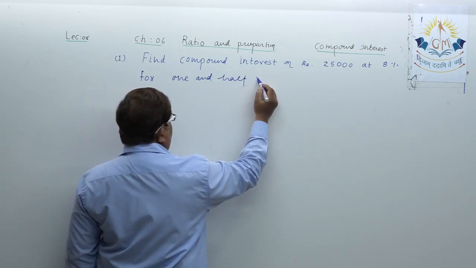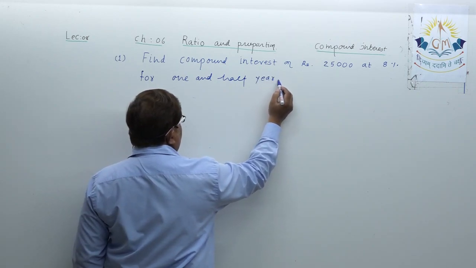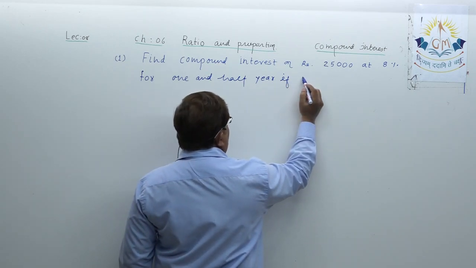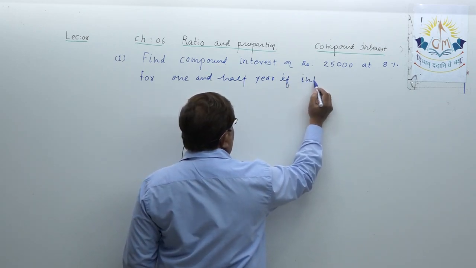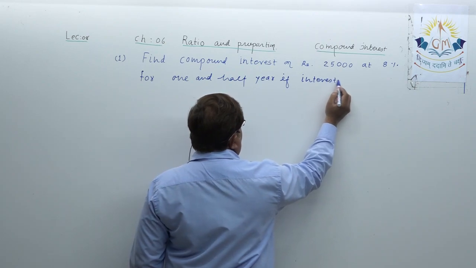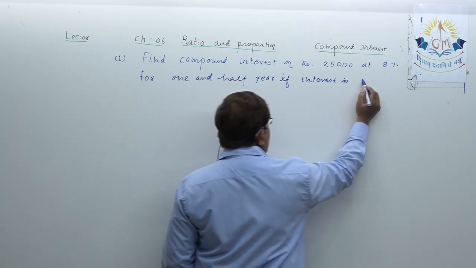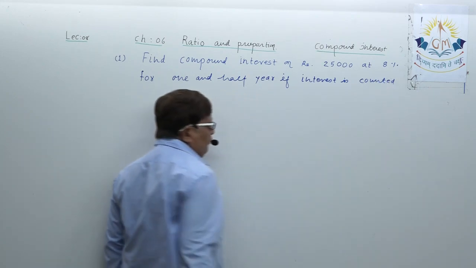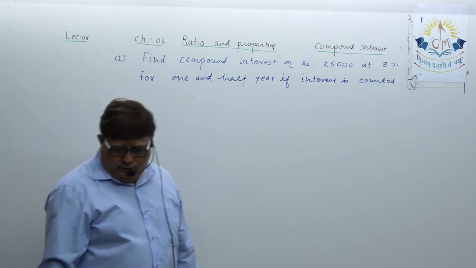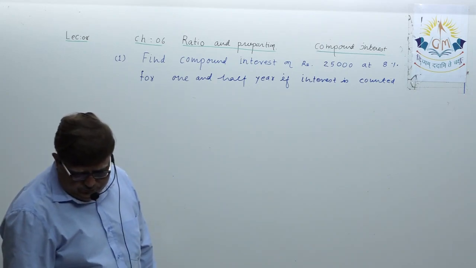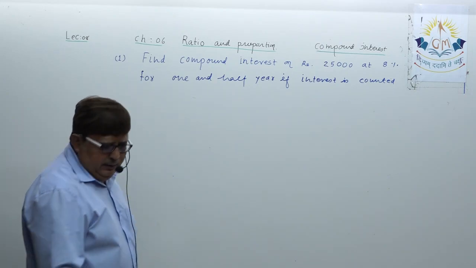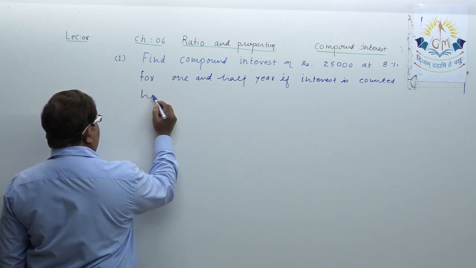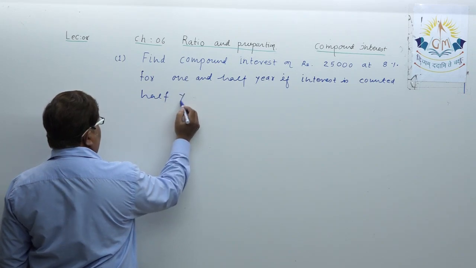Understand? For 1.5 year, if interest is counted or calculated, dear student, compounded, calculated, whatever word you can use, half yearly. Okay.